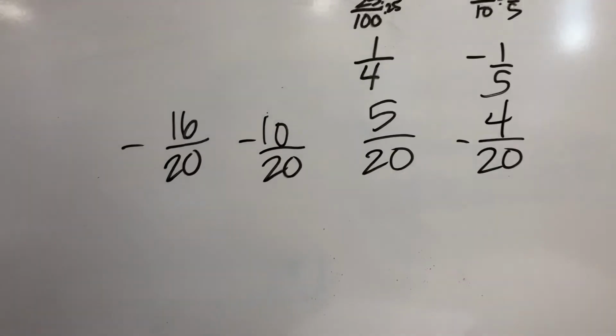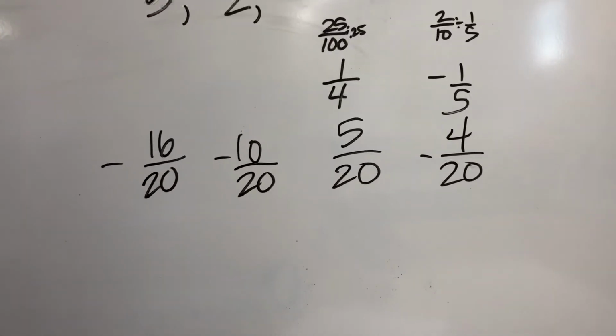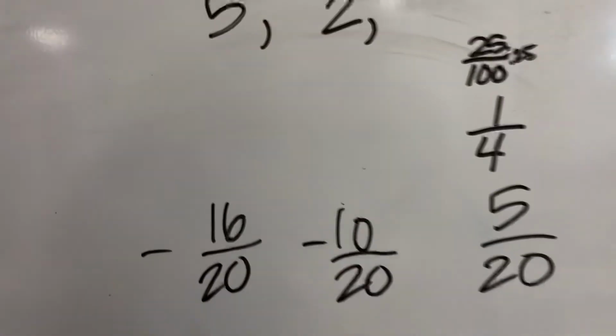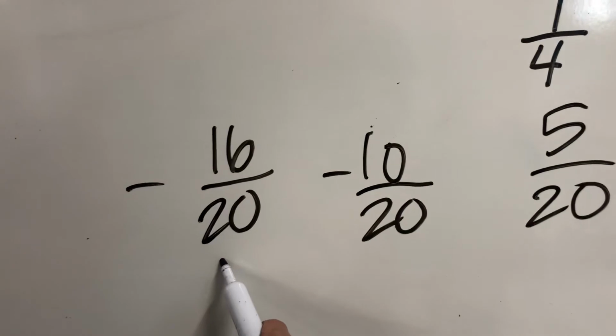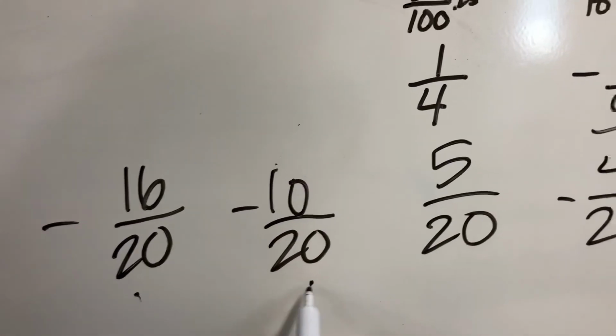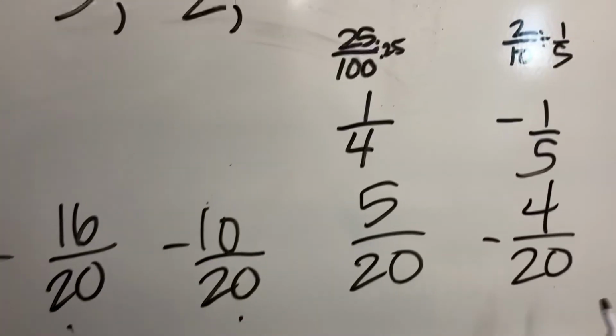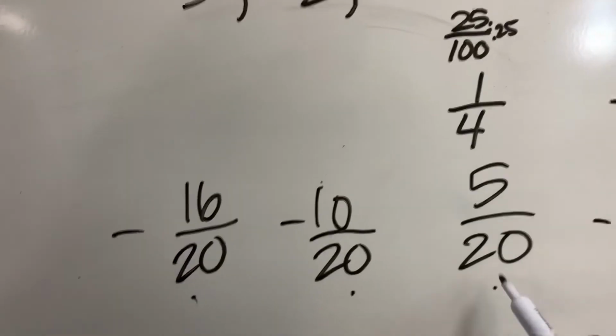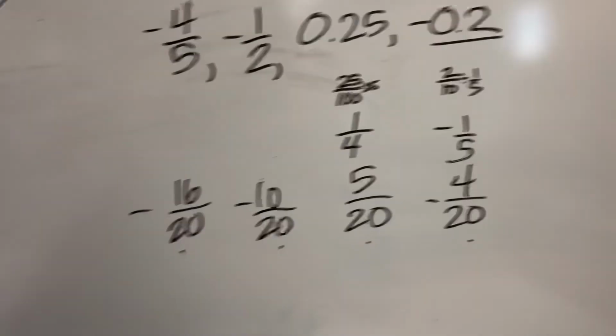This gives us another visual, a quick way for us to be able to tell our order here. So we know we have our smallest number because that's the furthest away from 0. And then our next one. And then we go our negative 4 over 20. And then our positive number, our 0.25.